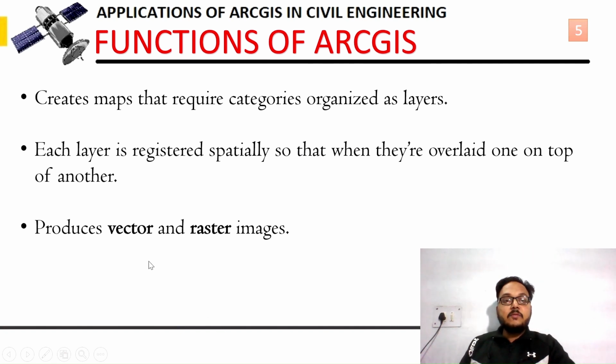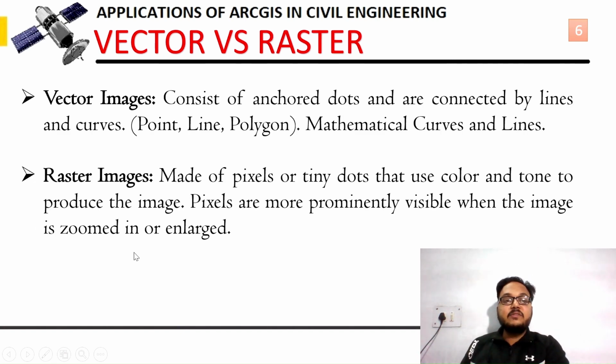And there are vector and raster images. Mostly we will be dealing with raster images in due course, but I'll talk about both. A vector image consists of points, lines and polygons. These are basically anchor dots connected by lines and curves. It's simply mathematical curves and lines.